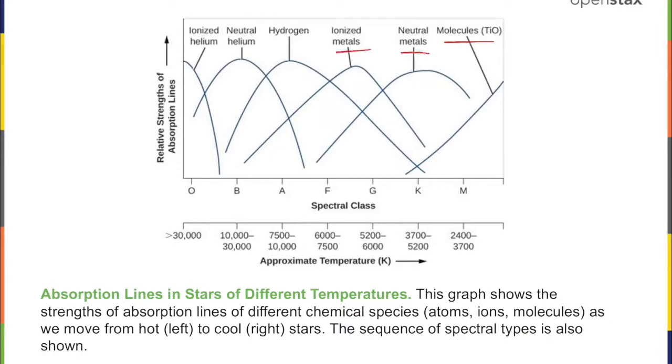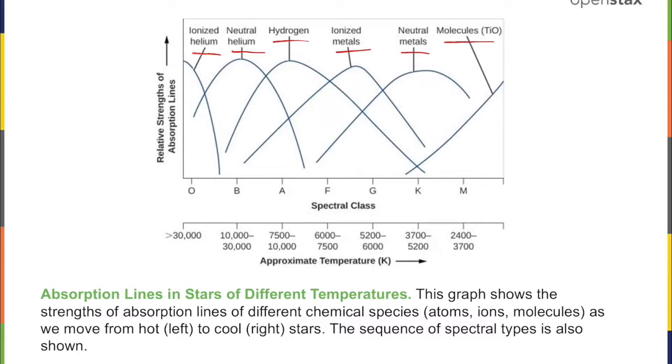Some have ionized metals, because ionized elements can have different spectrums, okay? Then we can look at hydrogen, so some stars have hydrogen, some stars have helium, both neutral and ionized. And if you're not familiar with the term ionized, it just means that some of the electrons are gone, because atoms have nuclei and they have electrons, and if some of the electrons are gone, that's considered ionized.